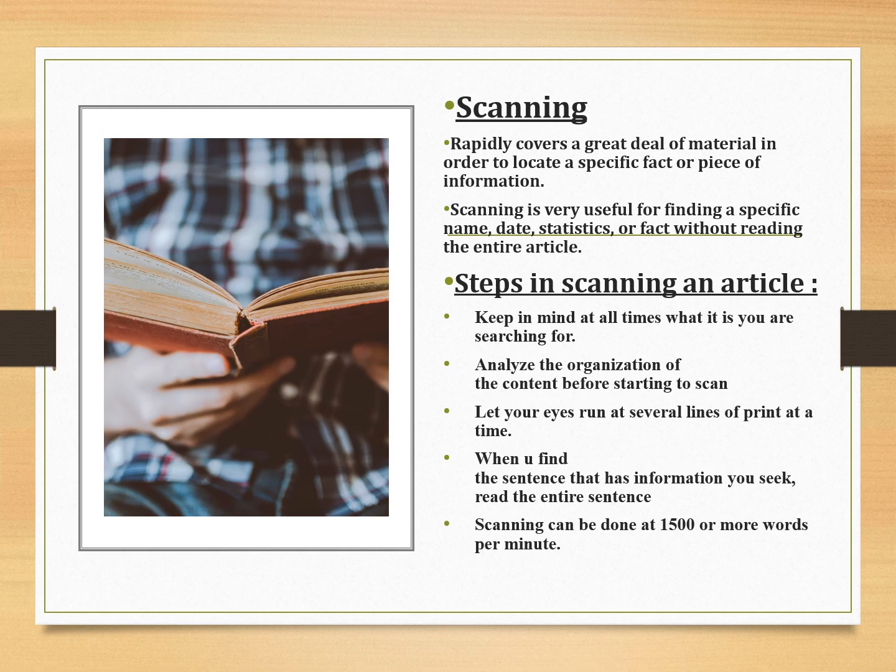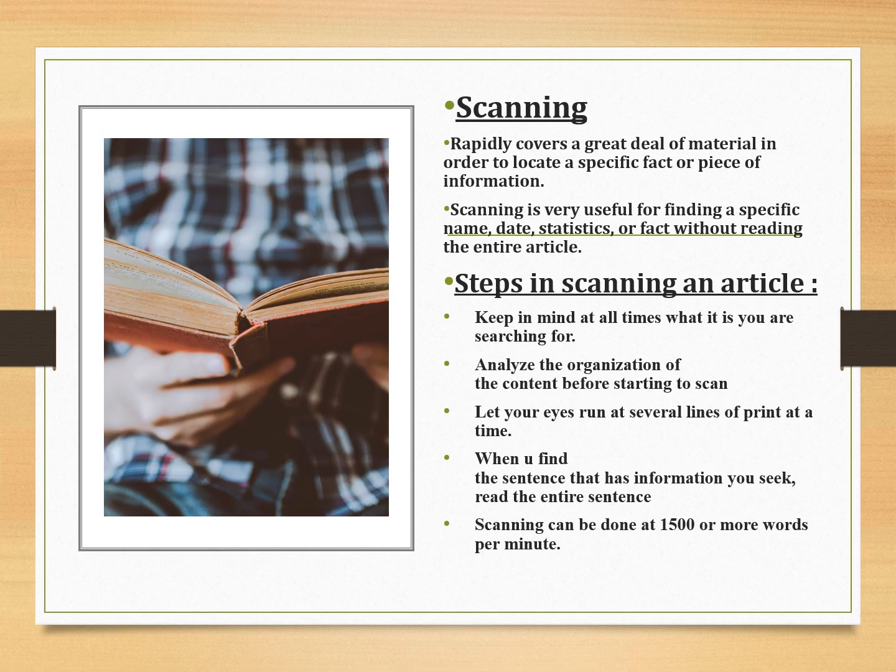The great thing about scanning is that in this type of reading technique we cover a lot more words than skimming. In skimming we cover approximately 1,000 words per minute, whereas in scanning we tend to cover 1500 or more words per minute.